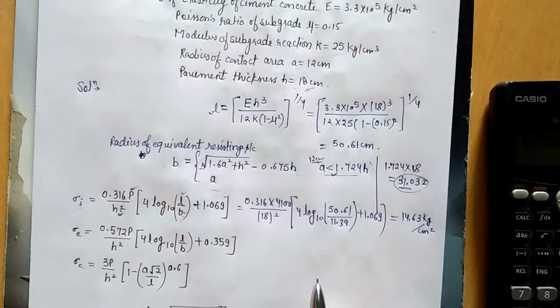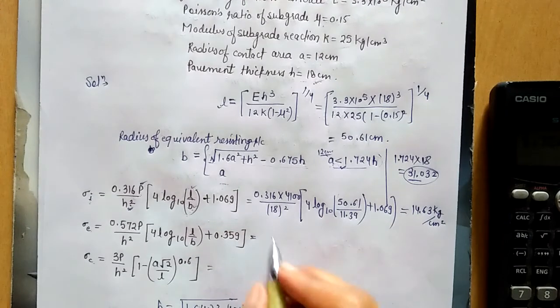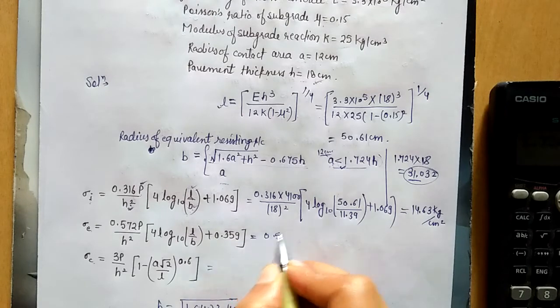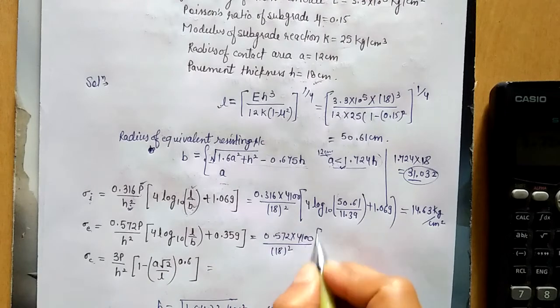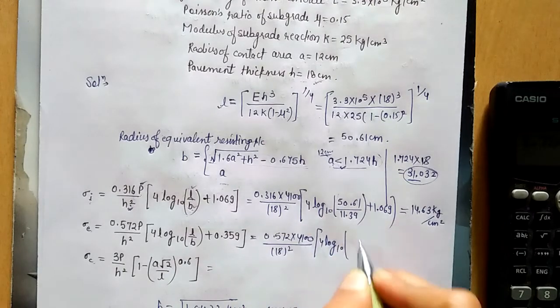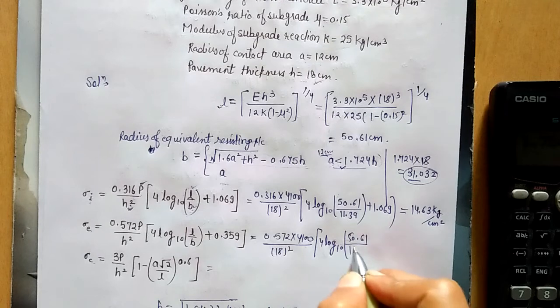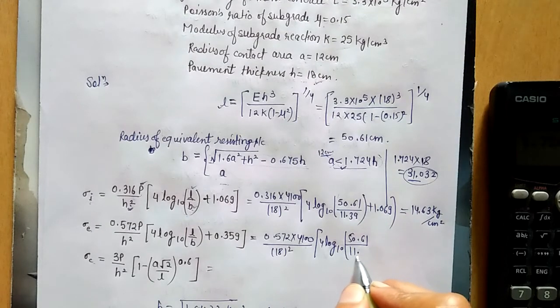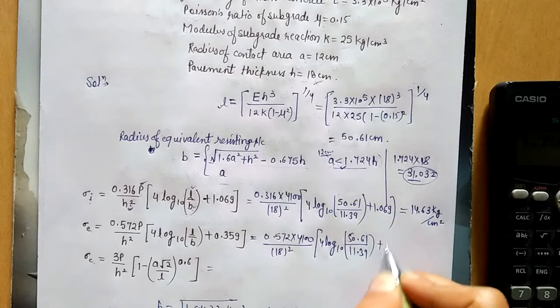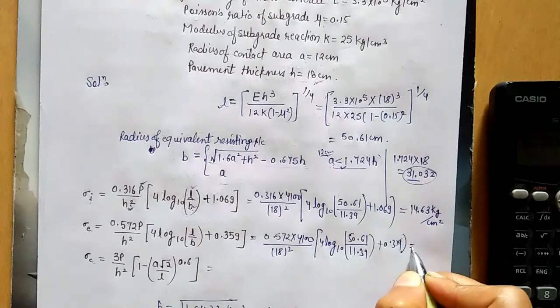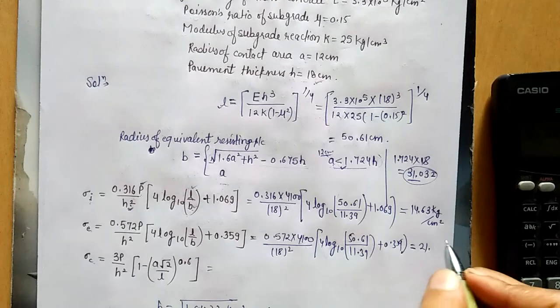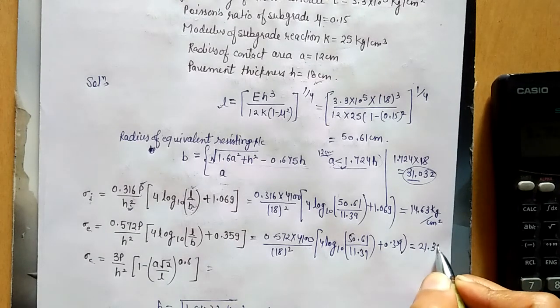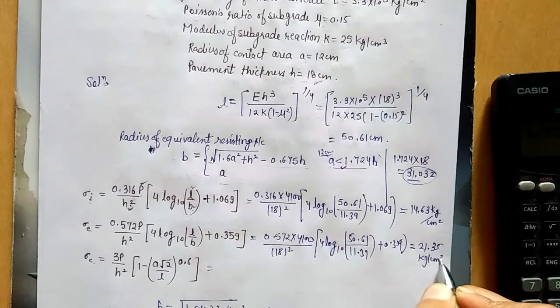Similarly, we can calculate the value for the edge as well as for the corner. 0.572 into 4100 upon 18 square, into 4 log base 10 of l, where the value of l is 50.61, upon the value of b, 11.39, plus 0.359, and it comes out 21.35 kg per centimeter square.